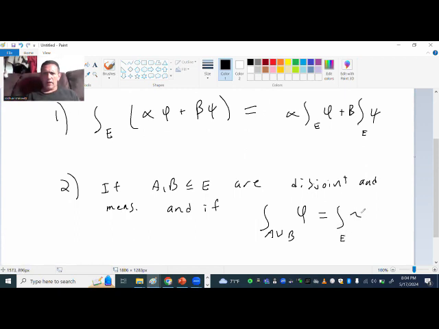It's going to be the characteristic function of A disjoint union B times varphi. This is a simple function, a product of these two. Let that be clear.